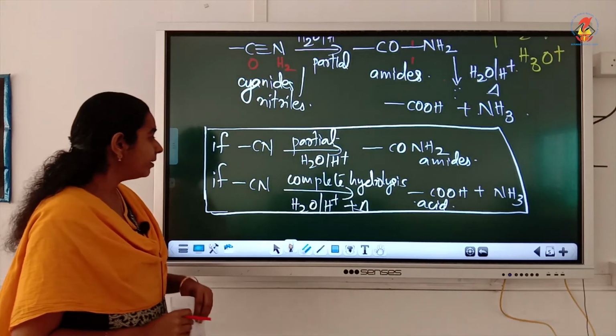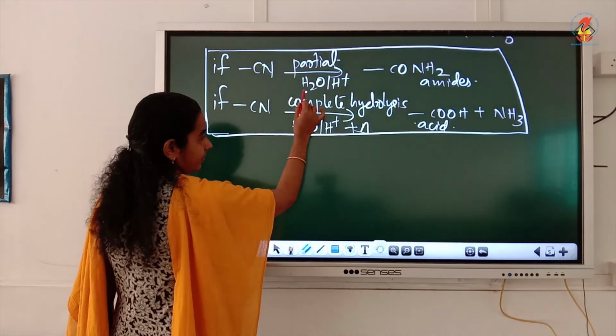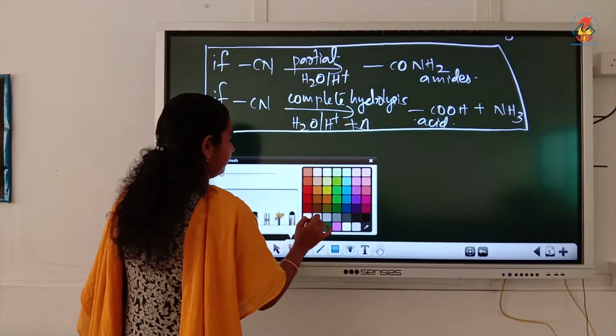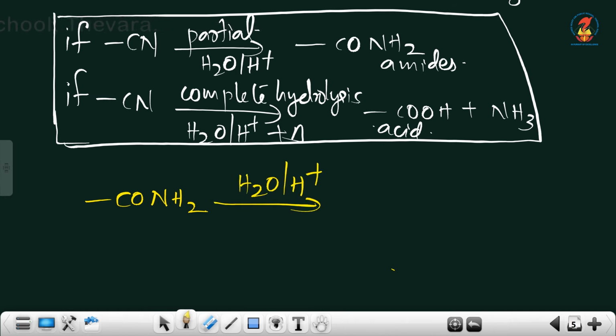And remember, amides, whose general representation is CONH2, always on hydrolysis require heating, and we always get carboxylic acid and ammonia.